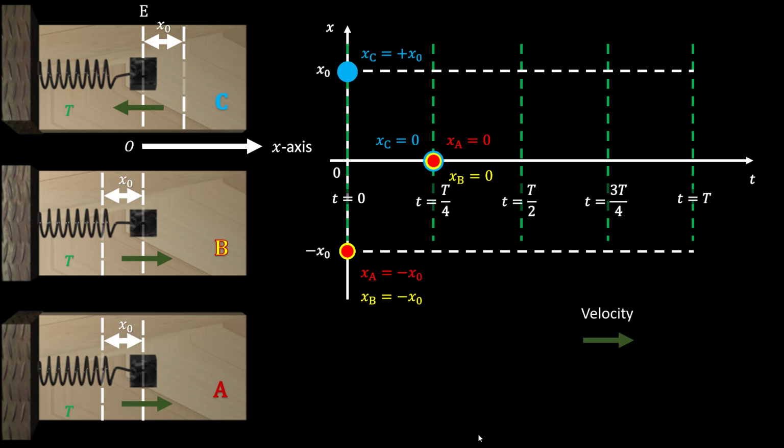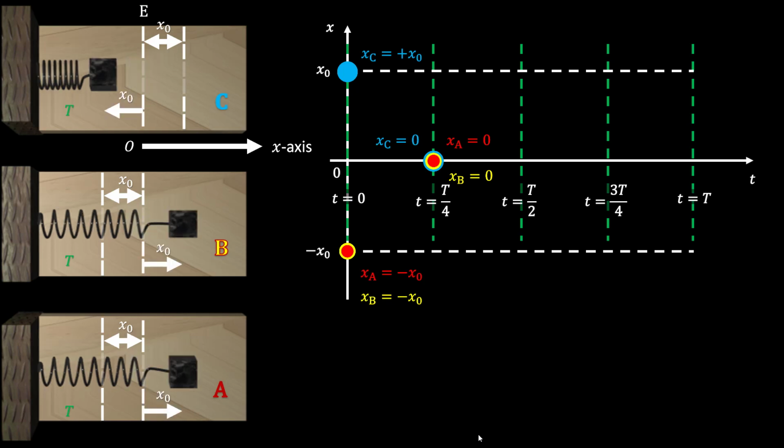At this instant, all three bodies are at the equilibrium position and are moving at the same speed. However, they are not moving in the same direction. A and B are moving to the right, while C is moving to the left.